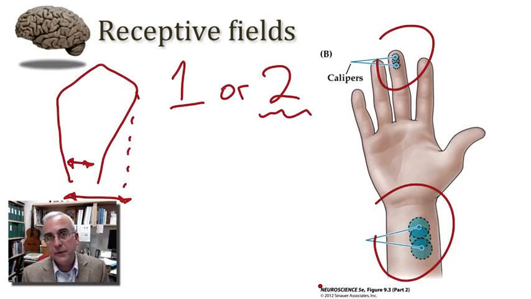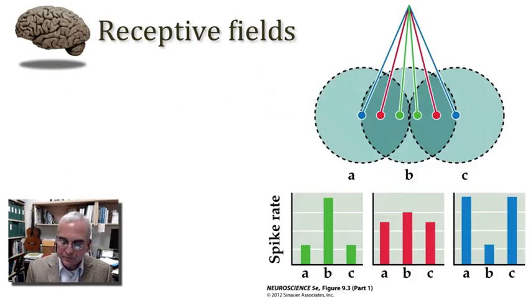That is, the receptive fields are smaller in the fingertips, where spatial acuity is quite high, compared to the forearm, where spatial acuity is much lower. And this means that two-point discrimination will be better in the digit surfaces compared to the skin on the forearm. That is, we can detect smaller separations on our fingertips compared to our forearm.